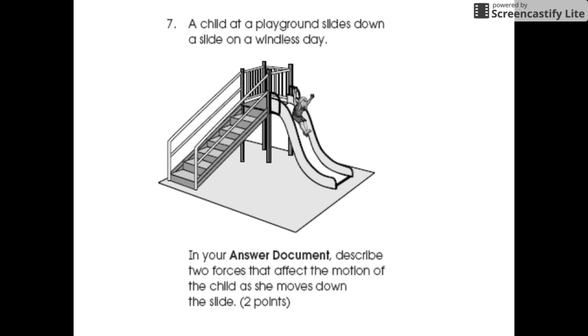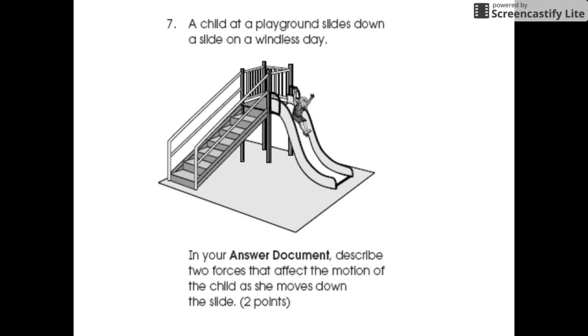So gravity is going to be pulling her down the slide, but she doesn't fall straight down to the ground. There is something there that is resisting that straight down movement. In this case, it's the slide. It is counteracting some of that gravitational pull so that she doesn't fall straight down to the ground. So gravity is pulling down, the slide is pushing up.